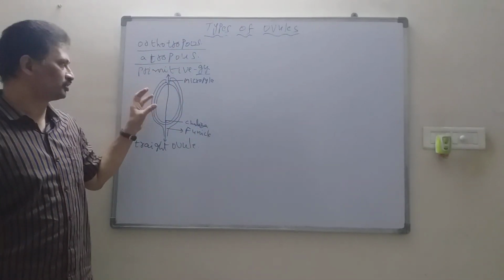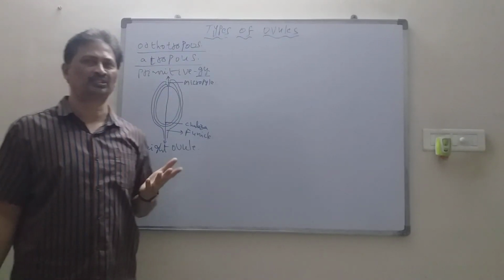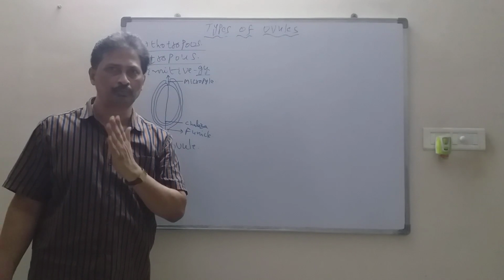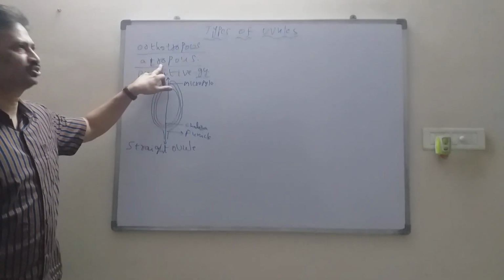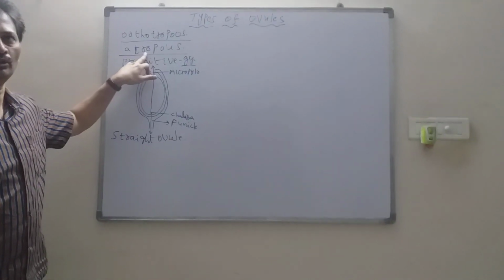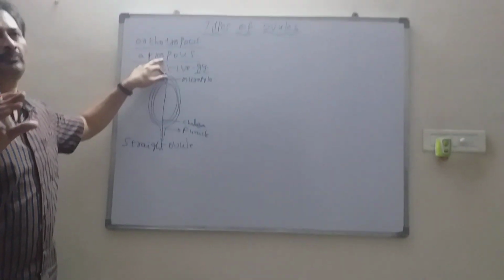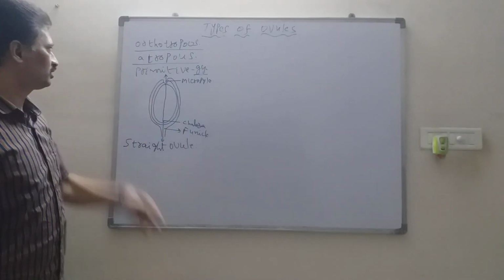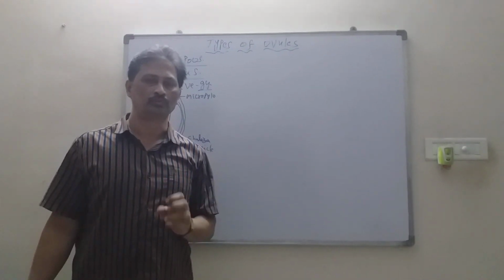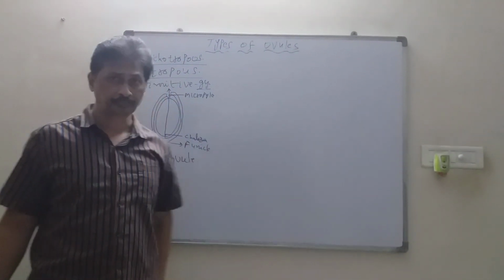But in this case, rotation of the body of the ovule does not take place. It stands in the vertical position. So a means absent, tropous means orientation. That means orientation is totally absent in this case, and that is why it is called an atropous ovule.